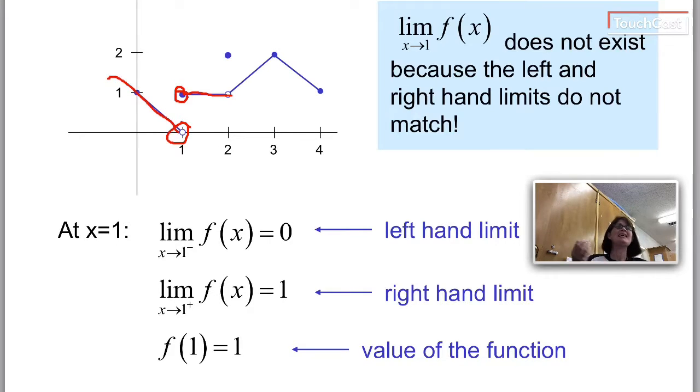So then the question is, does the limit as x approaches 1 of f of x exist? My answer here is no, the limit does not exist because the left-hand limit and the right-hand limit do not match. If I asked you to justify that on a test, or if you had to justify that on the AP test, let me show you how I would write that.